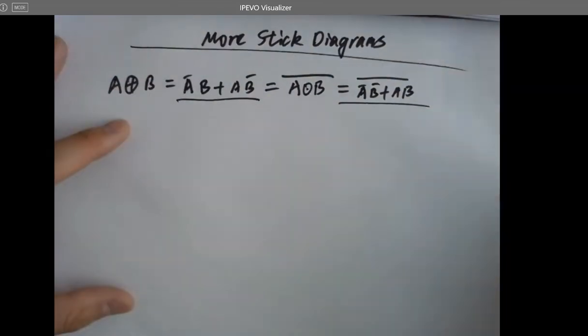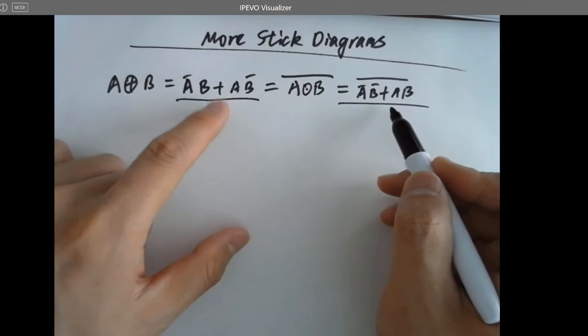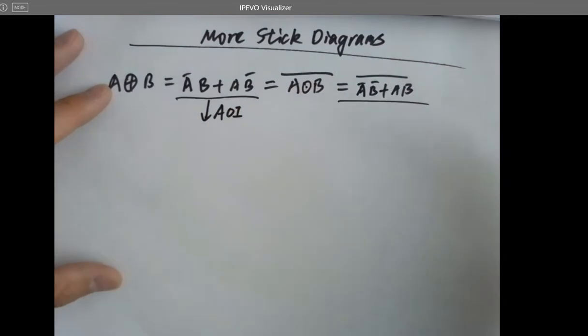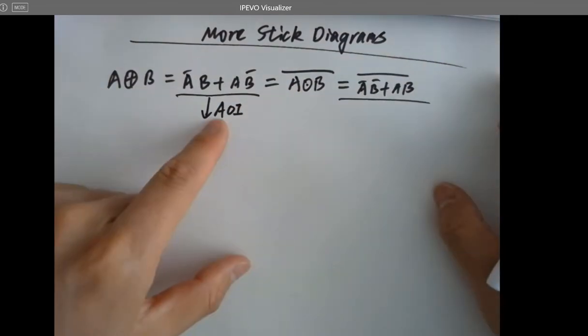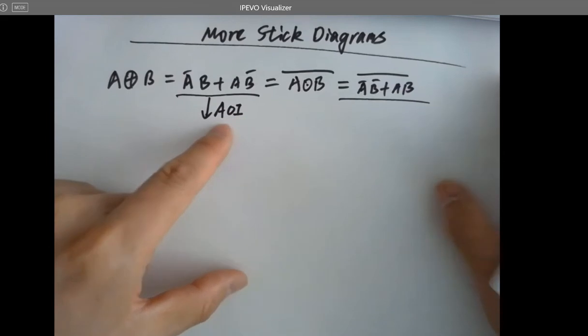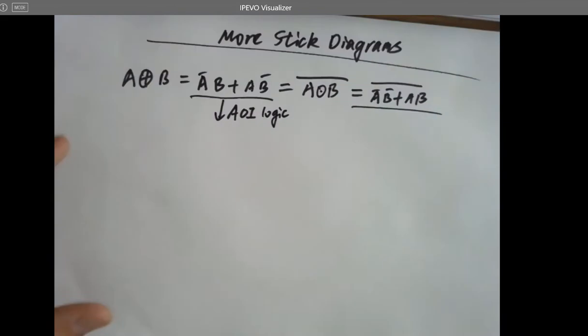Now let's find out the AOI logic for these two expressions separately. The first one, what does AOI mean? AND-OR-Invert. So you can simplify the logic. Instead of using gates, you can make the layout more compact, right?